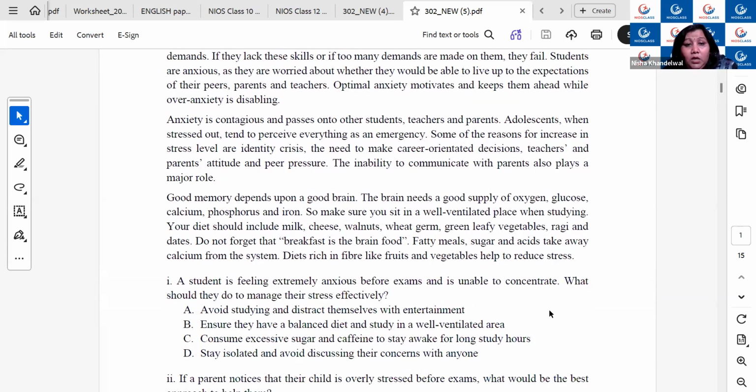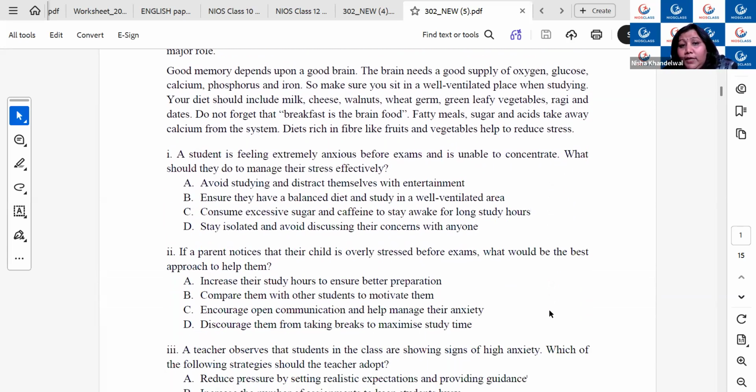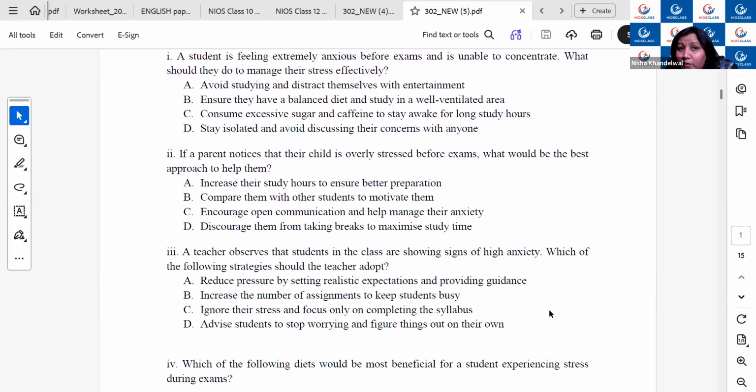Now, you can see, you will read the passage. If you are attempting the comprehension passage, you need to be very, very particular that whatever answer you are choosing should be correct. If you have less time, for example, 3 hours would be very less for this long paper, and few students have a very slow writing speed as well.